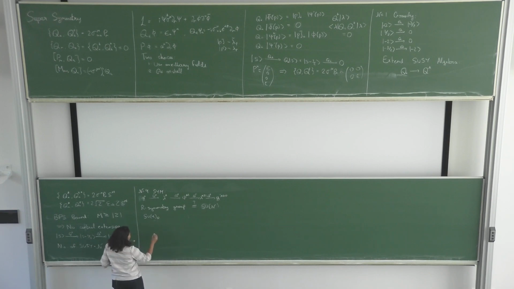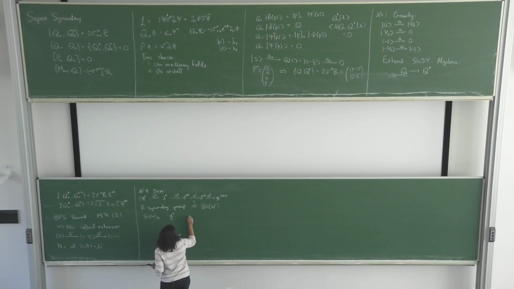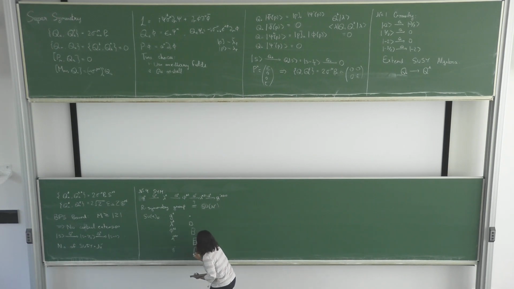So if you're familiar with Young tableaux, for example, you can just write G plus as a dot, lambda_A is a box, phi_AB is 2 boxes, lambda_ABC is 3, and G minus is 4. And also, if you're familiar with Young tableaux, then you can see that this is actually just a dot, this is a box bar, and this remains a double box. Okay?